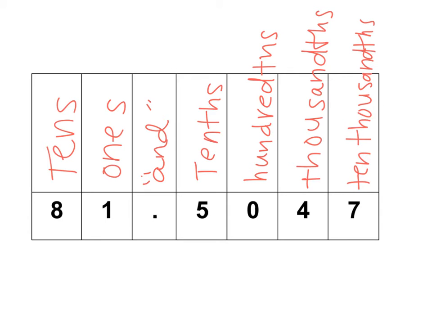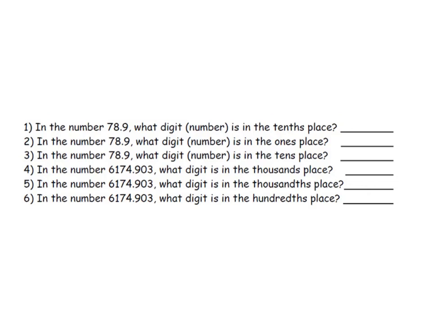So now we're going to actually practice getting numbers and identifying the place value. Remember, this chart that we just filled out is all place value, so you can refer back to it. All right, now let's go ahead and practice. Number 1 says, in the number 78 and 9/10, what digit is in the tenths place?